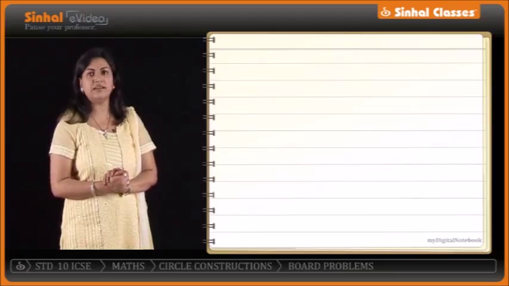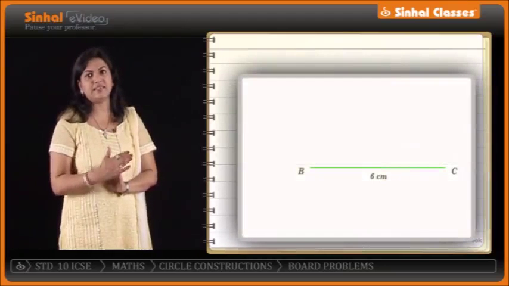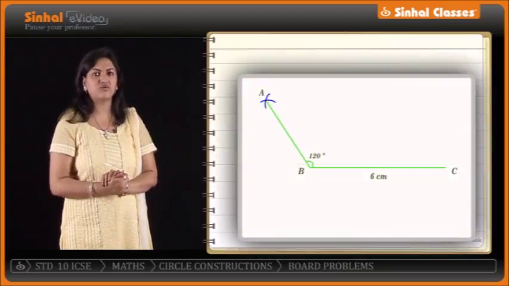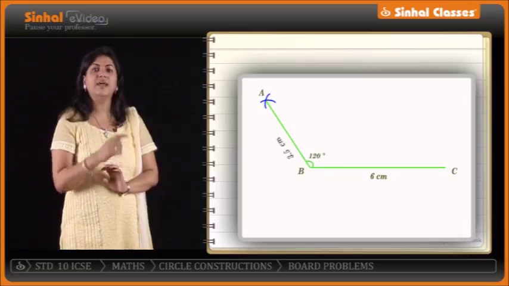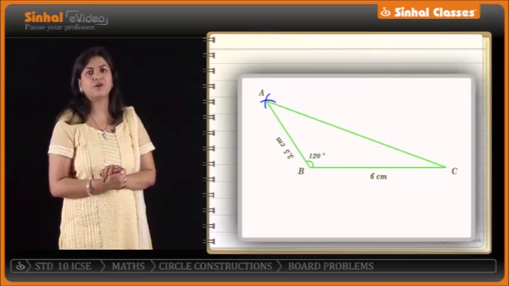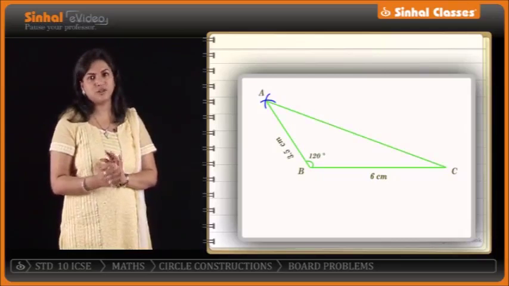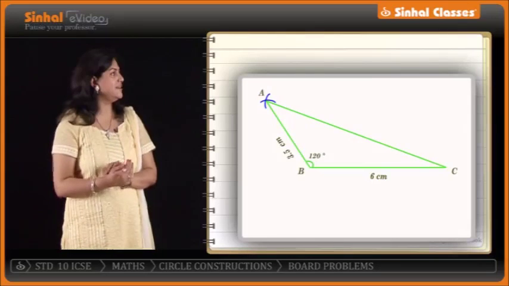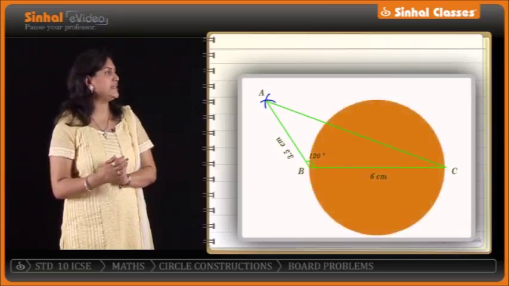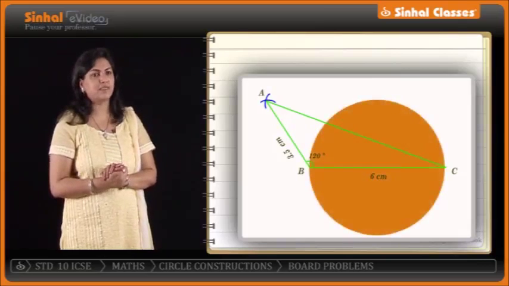Now in this, first we will draw the triangle ABC with the given measurements, that is BC is 6 cm, angle ABC as 120 degrees and AB as 3.5 cm. Complete the triangle ABC. ABC is obviously an obtuse angle triangle. Now we draw a circle with BC as the diameter.